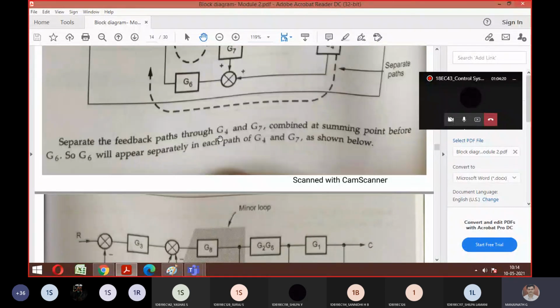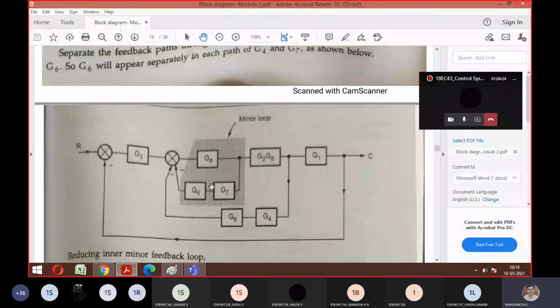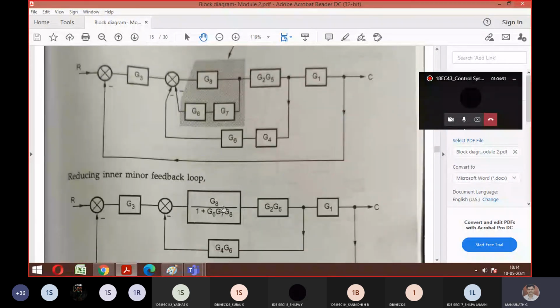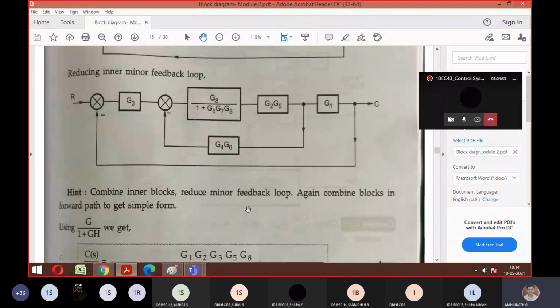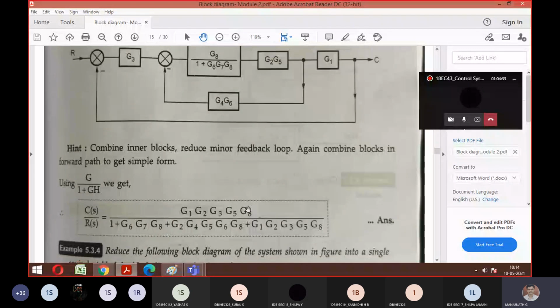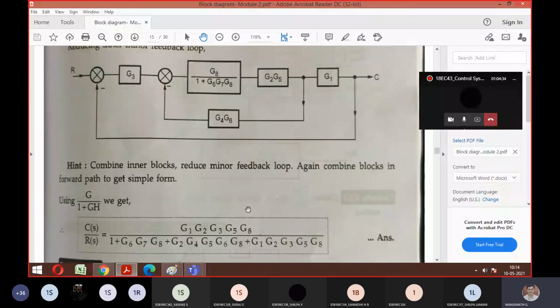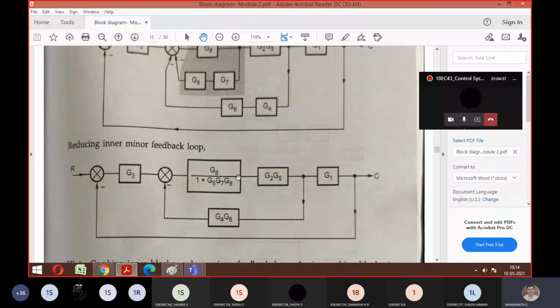Then you can look here, G2, G5 already made cascade. Again, these 2 become one block. That is not shown here; you're supposed to write a diagram. So these 2 make one block, elimination is one more block. Then that combination with G3, G1 is going to be one cascade. Then if you simplify further, this is the answer.